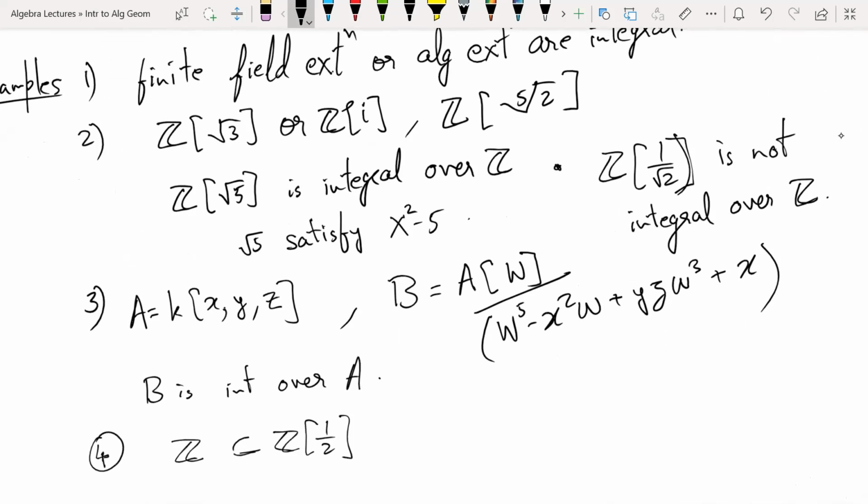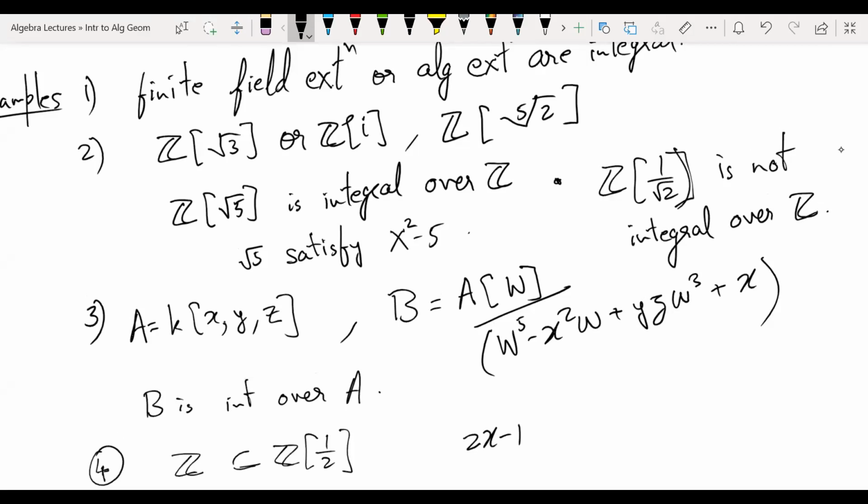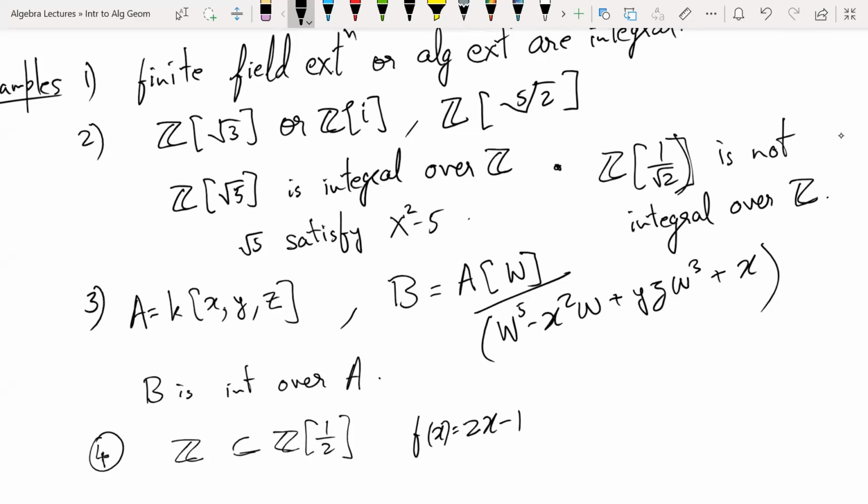So how do you show this? We have seen that Z[1/2] is not a finite Z module. That is one way to see that this ring is not integral over Z. In particular, 1/2 cannot be integral by that theorem. If you try to write down its polynomial, it satisfies 2x minus 1. If f(x) equals 2x minus 1, then f of 1/2 is 0, and f is not monic.